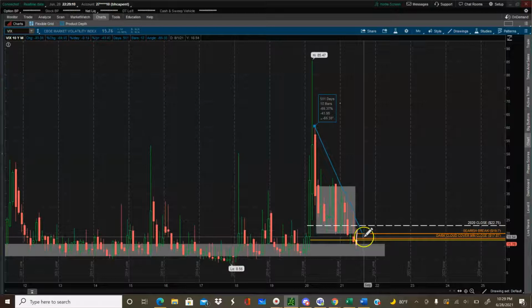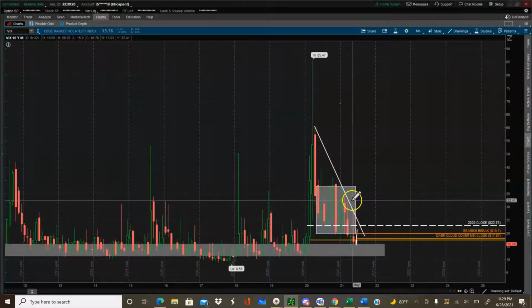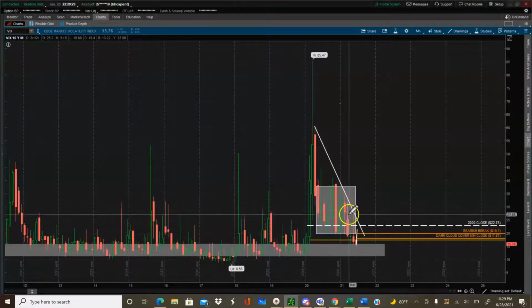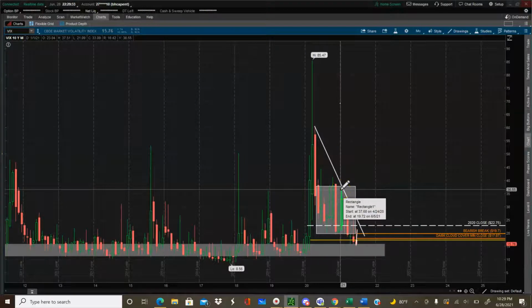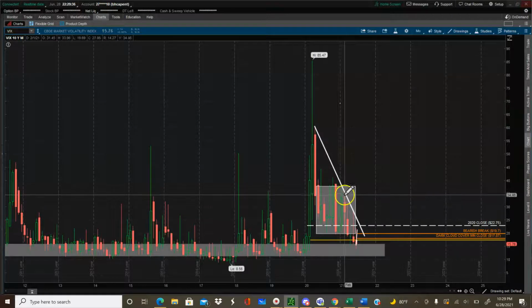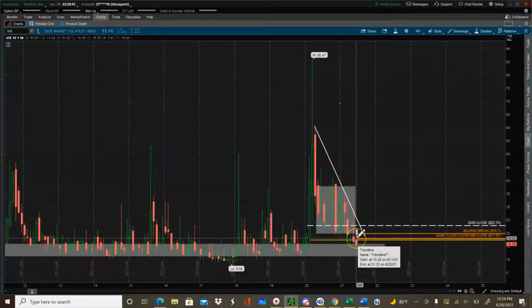So basically, this trend line is showing what the upside potential has been for the past several months. So we got a touch here in January, another touch here in February, then March, and April tested it.